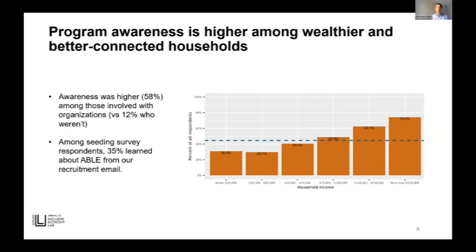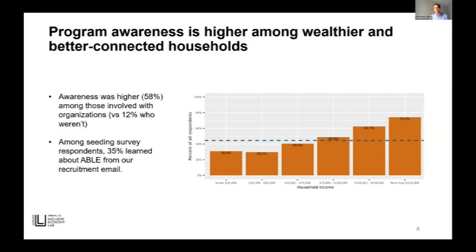There are a lot of organizations, NGOs, and not-for-profits in the state that offer services and assistance in the disability space, and higher income families are just much more likely to be connected to those organizations or to actually be members of those organizations.